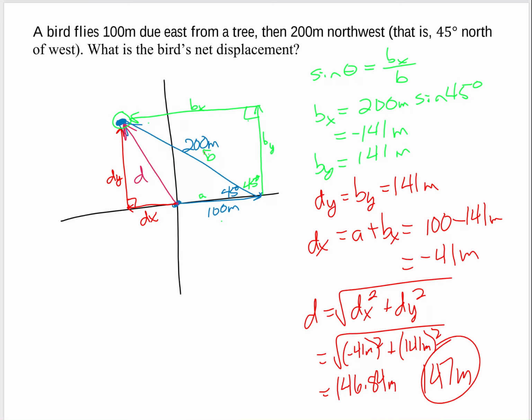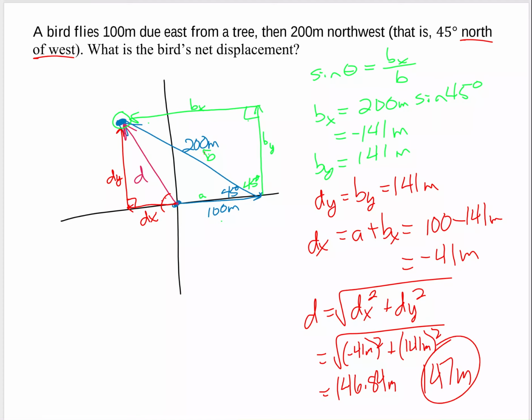So the angle will be, since they talked about north of west, we'll talk about north of west also. So that means we need this angle, because that angle is north of west. Okay? So we want that angle. So I need some kind of trig that's going to set up that angle.